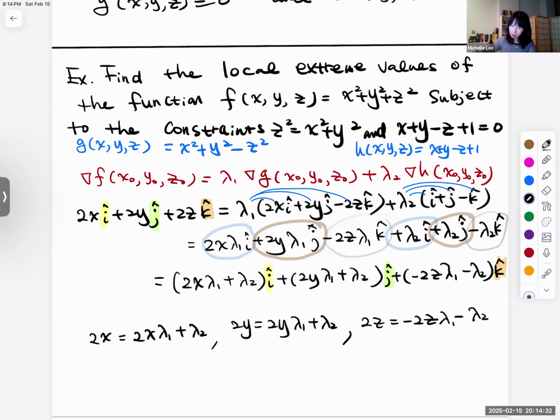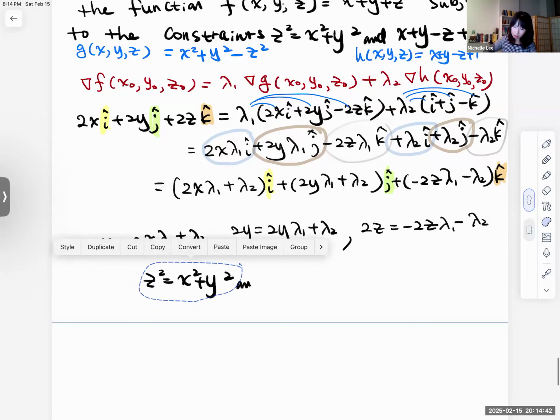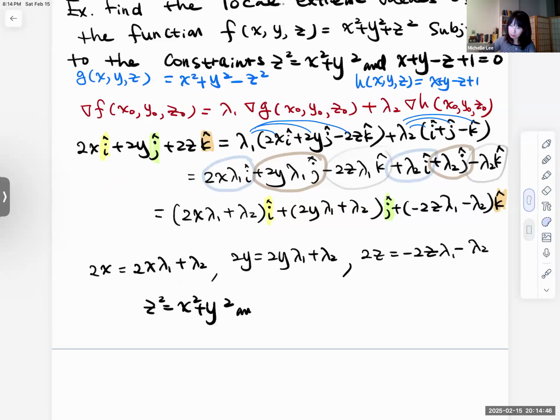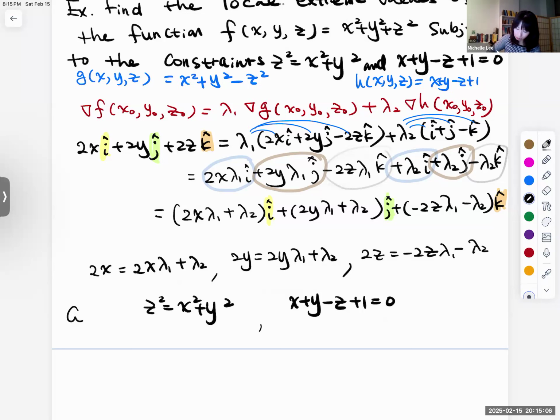We have the original one, copy, equal to 0, 2, copy the constraints. Yeah, I did not make a T earlier.